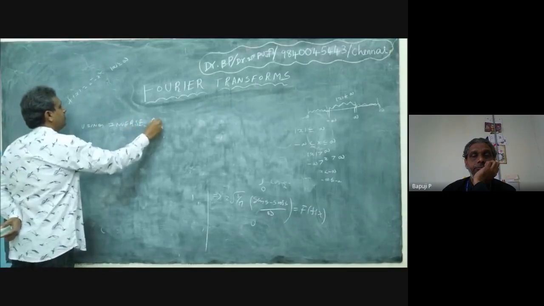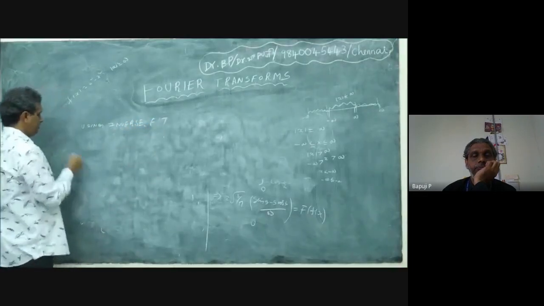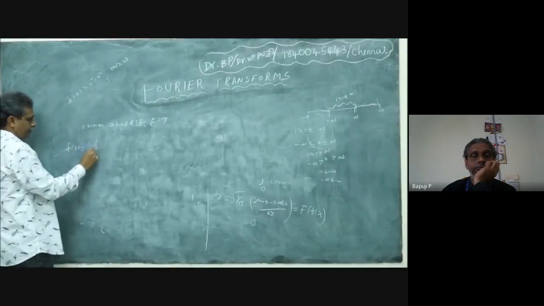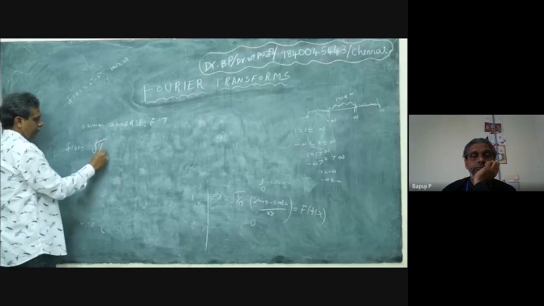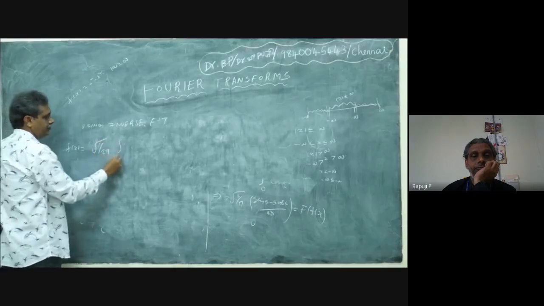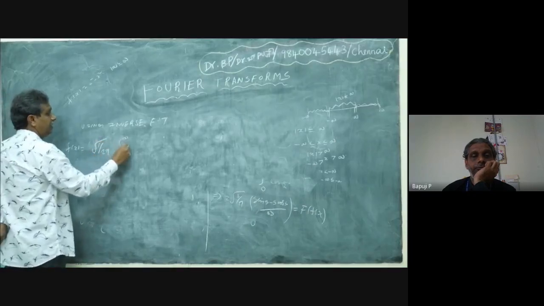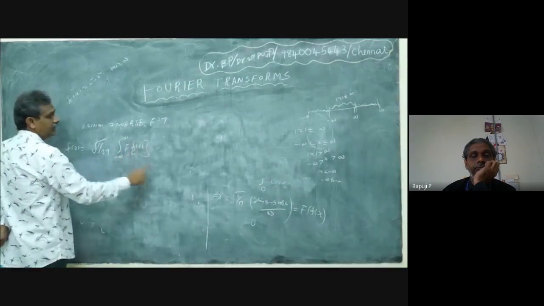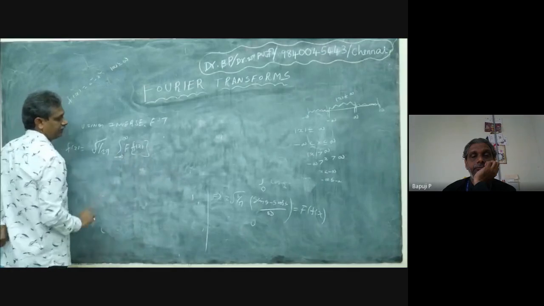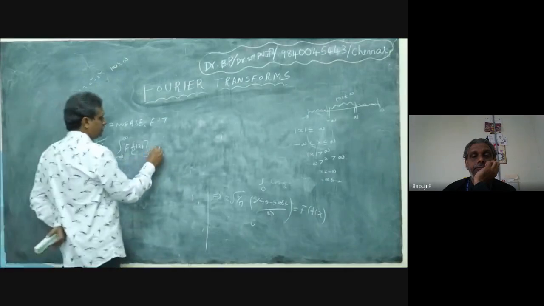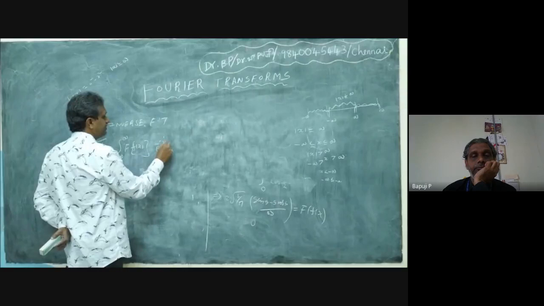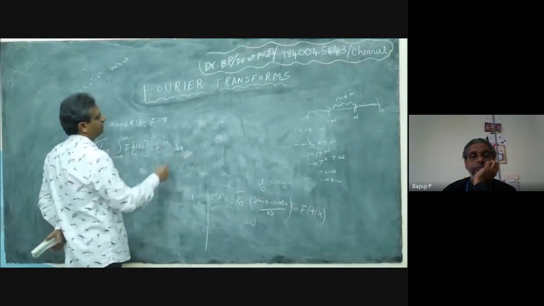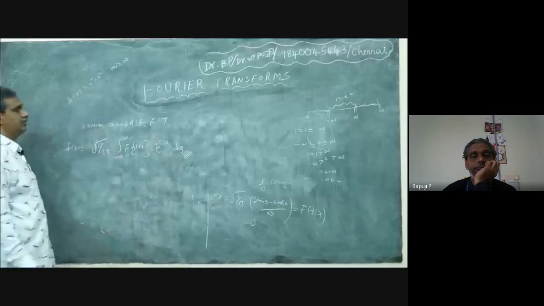Now using inverse Fourier transforms, what will I get? Small f of x is equal to 1 by 2 pi, integral from minus infinity to infinity of F of s, which is already in my hand, into e power minus isx ds. With respect to s only we can concentrate.